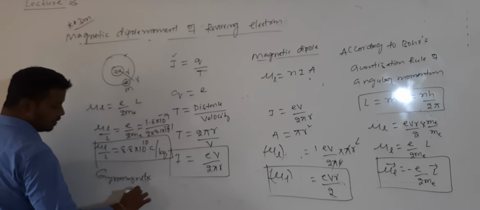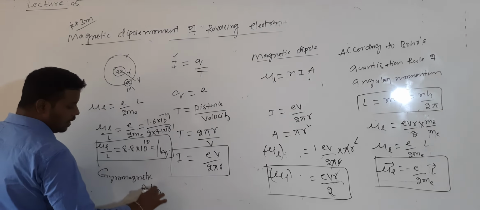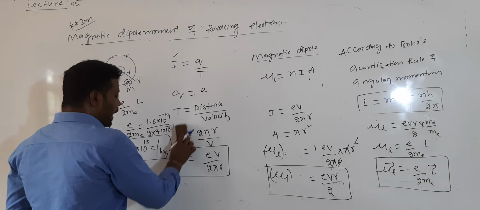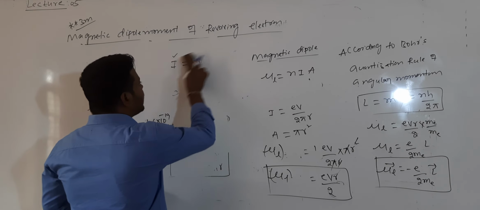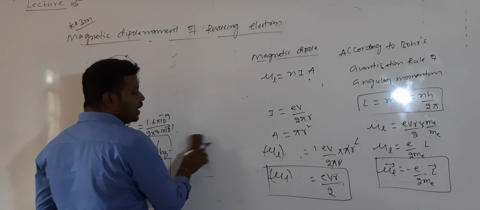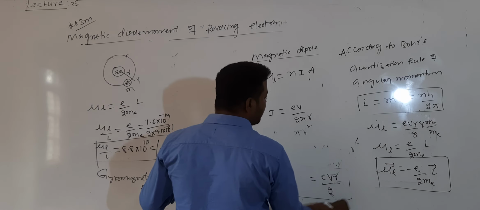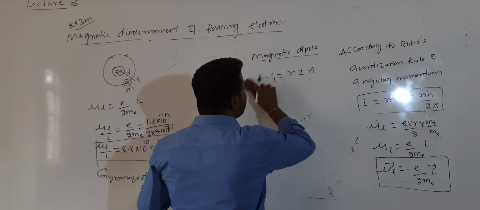Gyromagnetic ratio. What is this ratio's name? Gyromagnetic ratio. It is the ratio between what and what? It is the ratio between the magnetic moment of the revolving electron and its angular momentum.